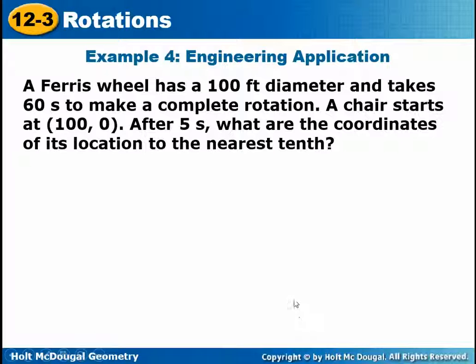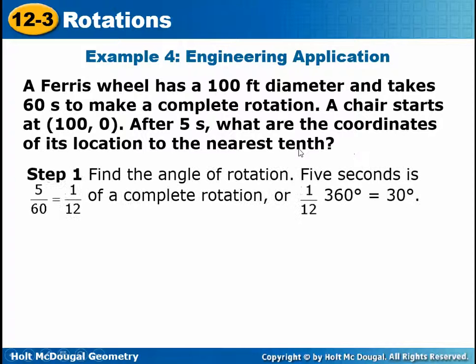All right, let's say that we have this word problem. A Ferris wheel has a 100-foot diameter and takes 60 seconds to make a complete rotation. A chair on the Ferris wheel starts at (100, 0) on the coordinate plane. After 5 seconds, what are the coordinates of its location to the nearest tenth? To find the angle of rotation, we have to take 5 seconds out of a total of 60 seconds.